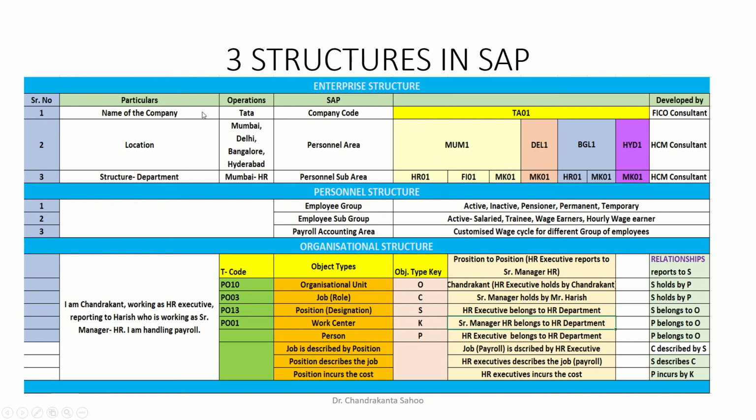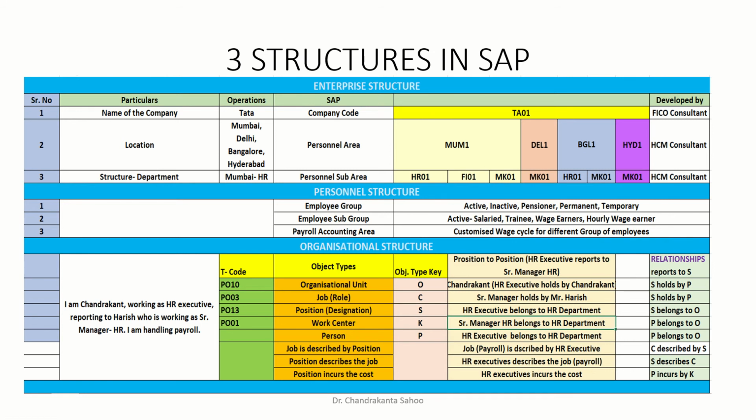So take the case of the Tata company. Tata is the name of the company, and SAP interprets this in the form of a code, the company code. Let us say the company code may be TA01. Let me clarify also: this is not the job of the HCM consultant.